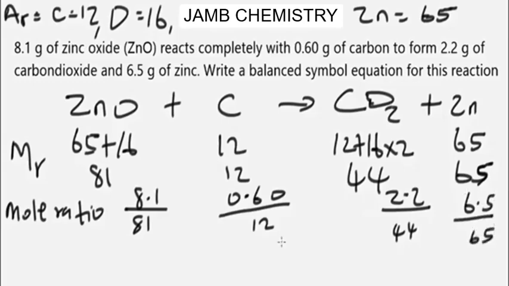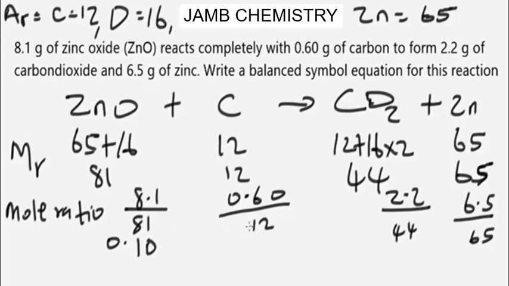Let me break this down with my calculator. When you punch on a calculator, 8.1 divided by 81 is going to give you 0.1. So let's write 0.1. I can choose to add another 0 to it, but it's still 0.1.